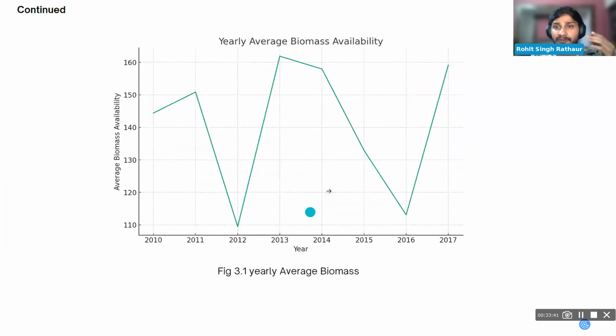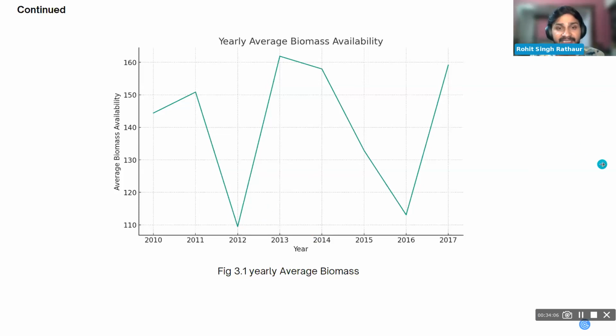So the highest average biomass availability was seen in 2013, and there was a slight decrease in 2014 and 2015 also, followed by an increase then in 2017.